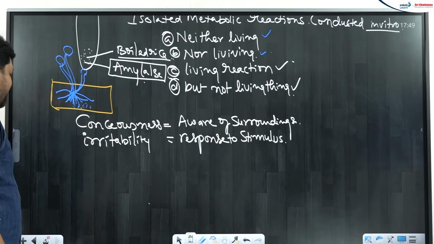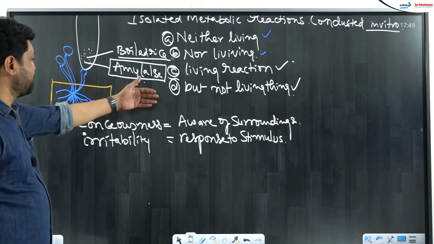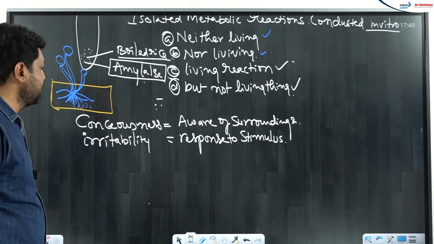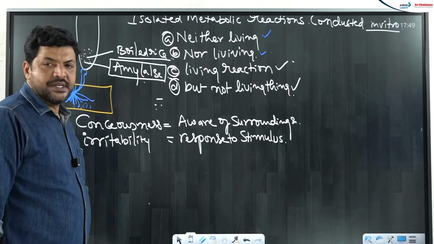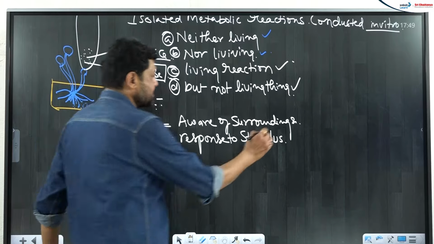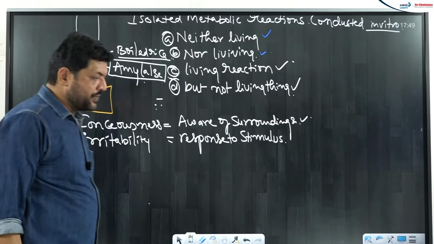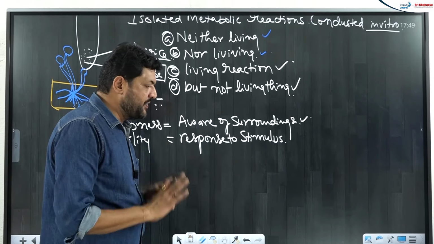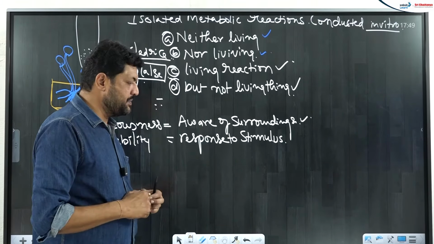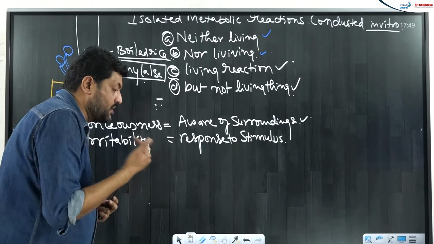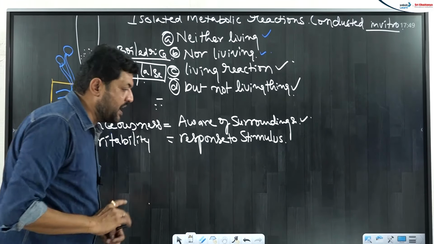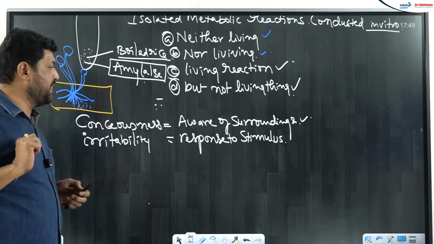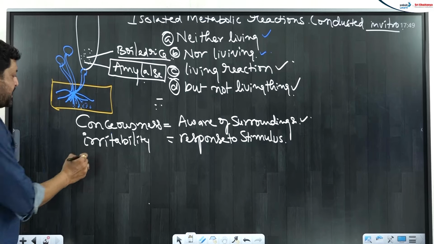What is irritability? By mistake, I touched the switchboard. I have taken my hand away with a slight shock. That is called a response to stimulus. What comes first? This comes first. If something is cooked on the gas stove, it will be very hot. You cannot touch it directly with your empty hand, because you have that consciousness that the pot will be very hot. By mistake, if you touch it, it's very hot, you will leave the pot. That is called irritability.